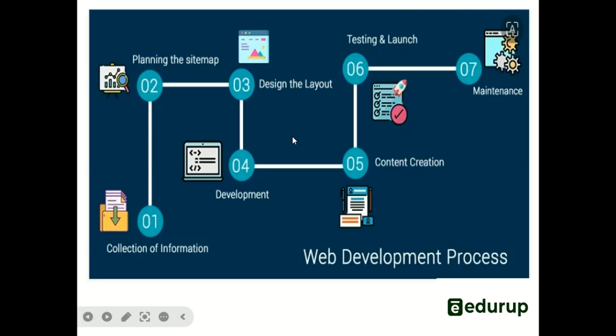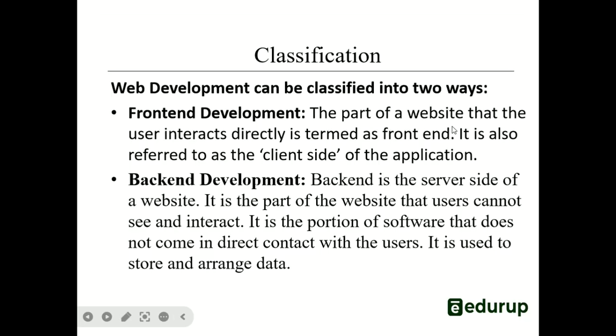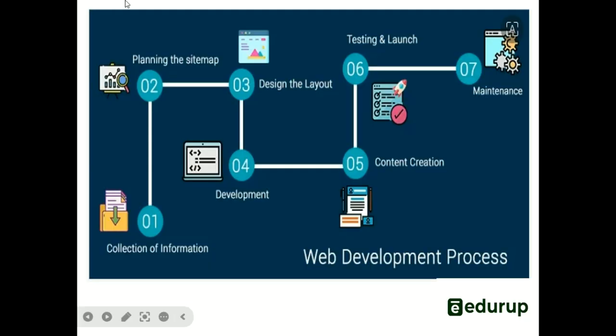Then after that what will I do? I'll go with the content part, content creation. It's very important. Okay, content creation. Then go for testing and launching. After testing the application, we will proceed to the launch itself. Then maintenance.